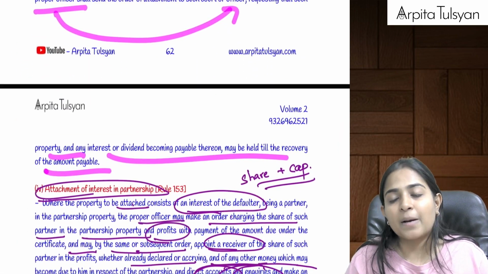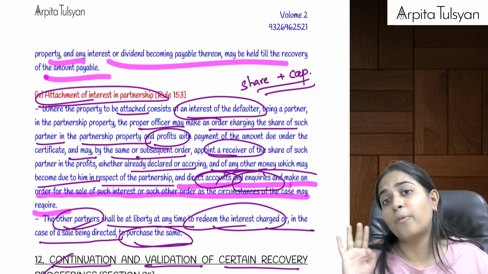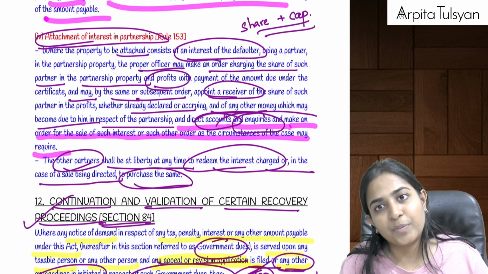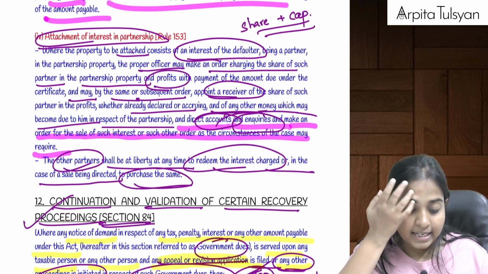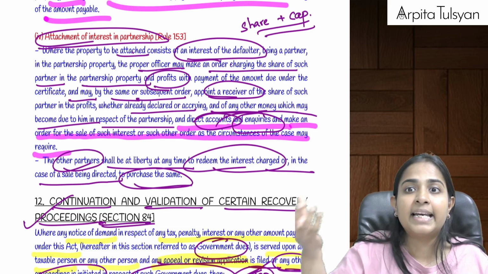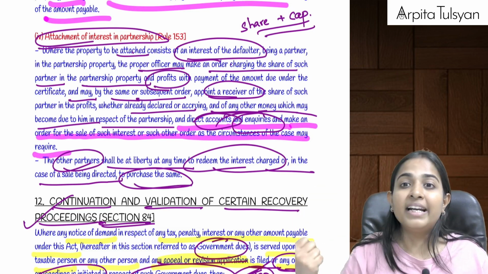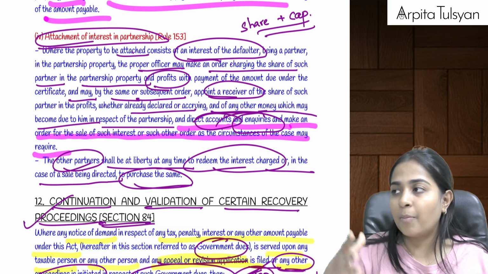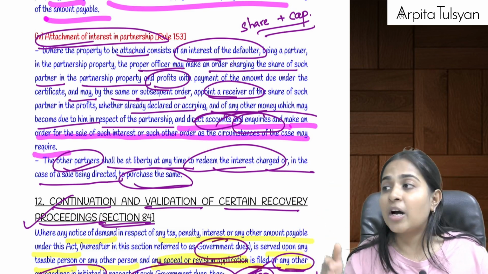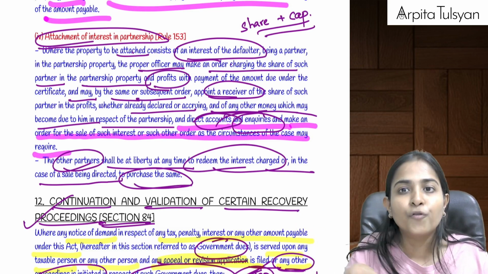And suppose some property is kept with a court, we will request the court, sir, please don't give him the property because his dues are pending and his assets are under provisional attachment. And lastly, if this particular taxpayer has some interest in any partnership firm, means he is a partner in some partnership firm, then the department will appoint a person called a receiver who will go to the firm and check how much amount is due from the firm, how much share of profit and how much capital is due from the firm.